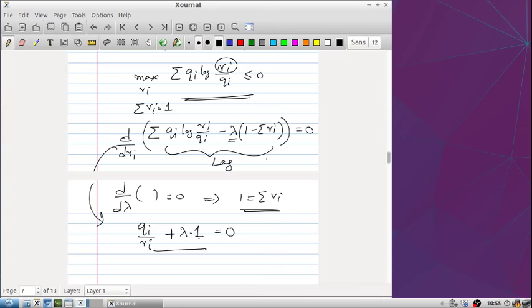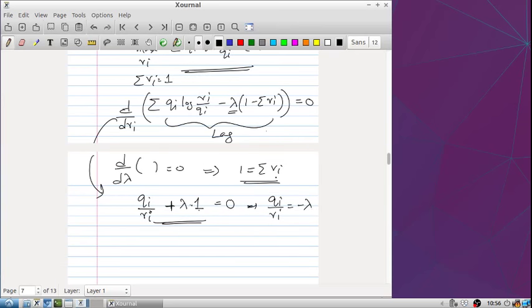So we have this. It implies that Qi by Ri is actually equal to minus lambda, which means that all the ratios are equal. All the ratios of Qi with respect to Ri equal something. Okay. But we know that the individual ones need to sum to 1. We also know that sum of Qi is also equal to 1.